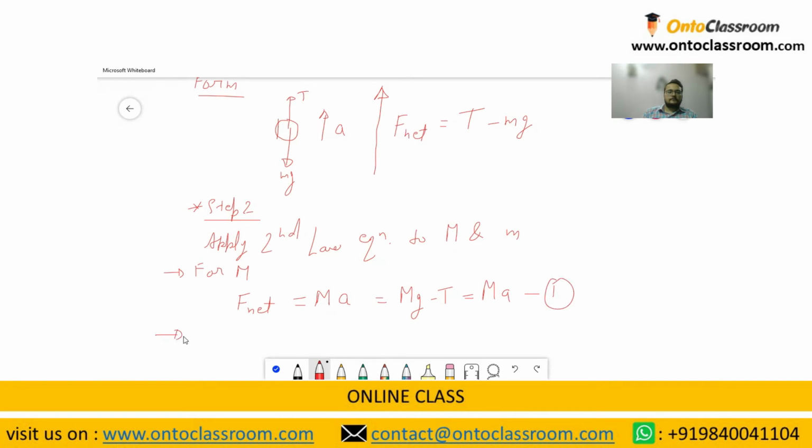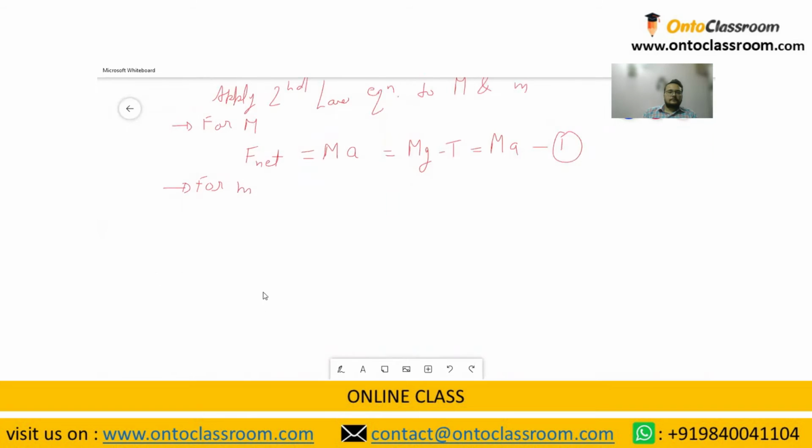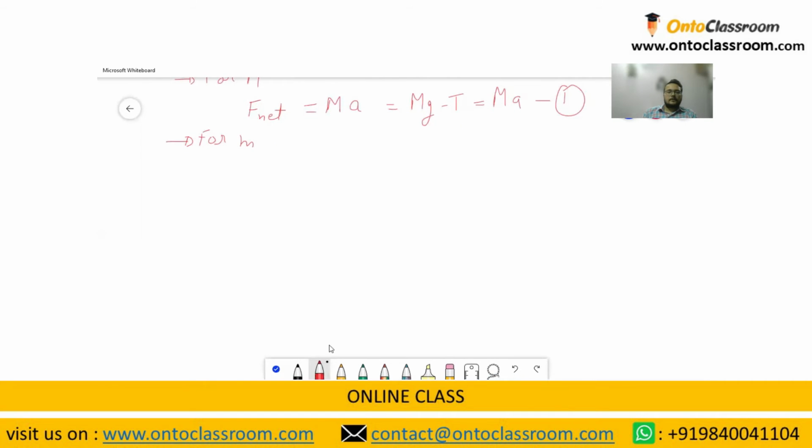Now for small m, F net is equal to its mass and its acceleration.